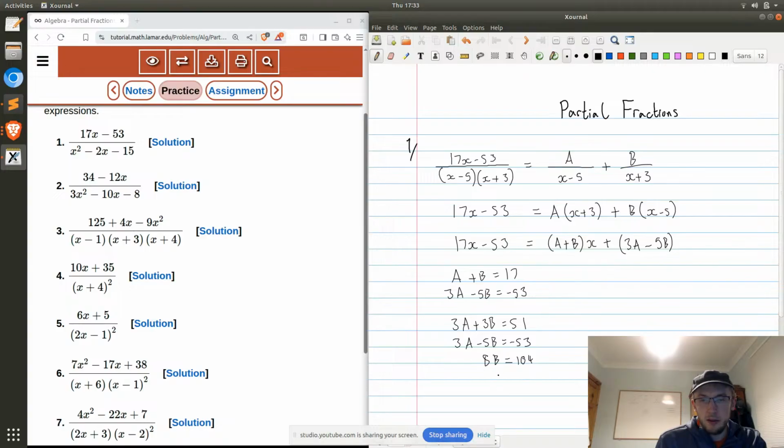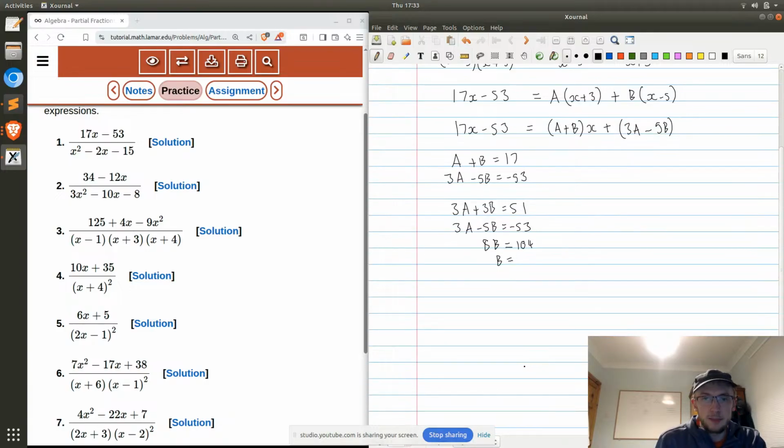And if 8b is equal to 104, then b must equal 13. And if b is equal to 13, this implies that a is equal to 4.